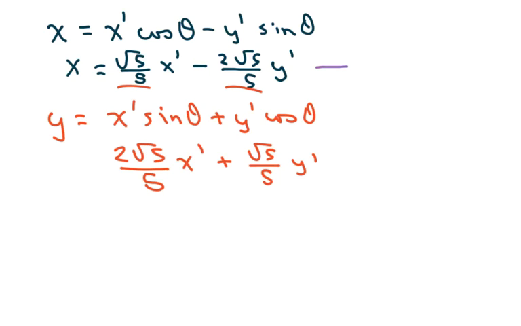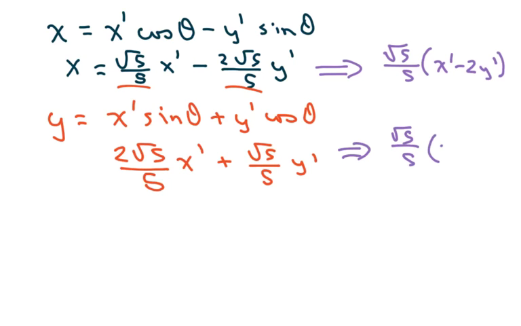Now we're going to go ahead and simplify this because we're going to have to input this in the formulas. So I'm going to pull out a square root of 5 over 5. You get x prime minus 2y prime. And this is going to be the same thing, but you get 2x prime plus y prime.